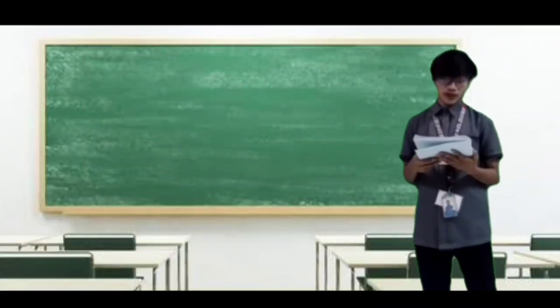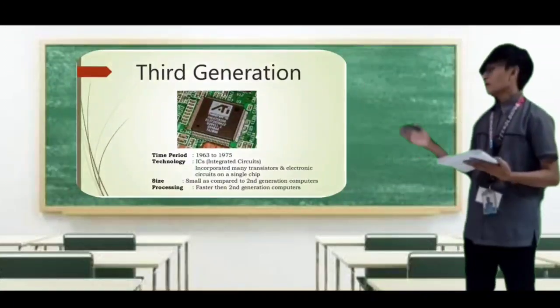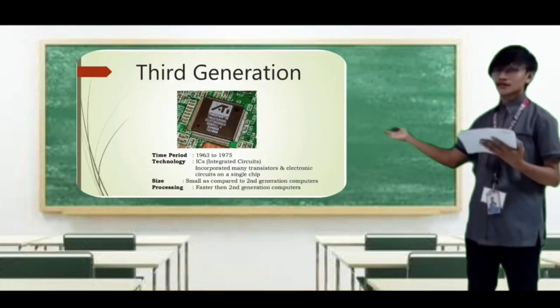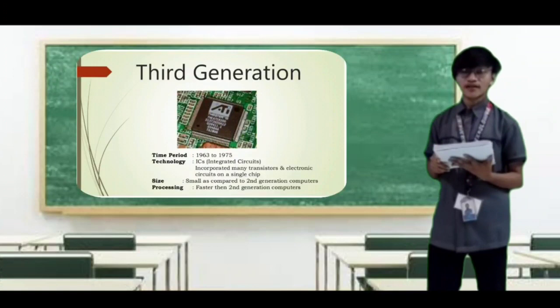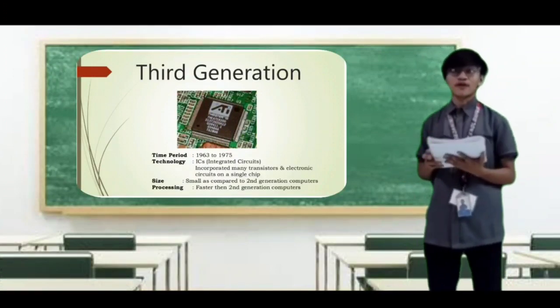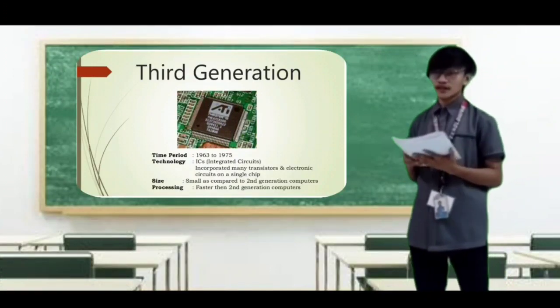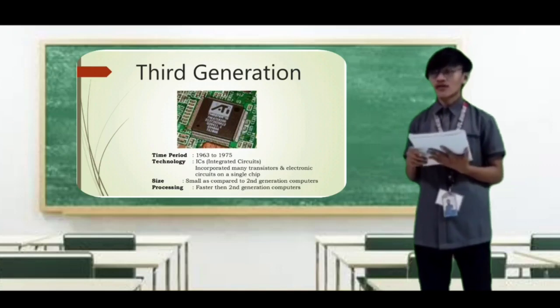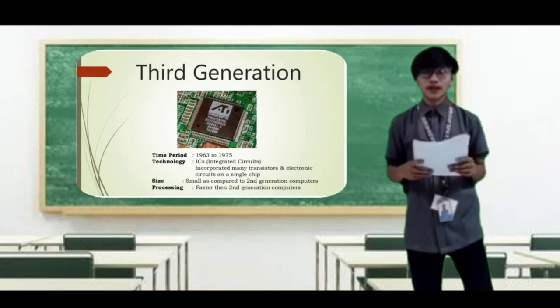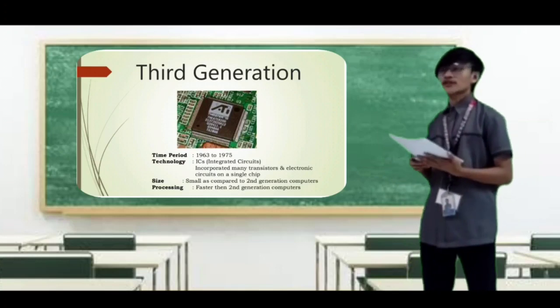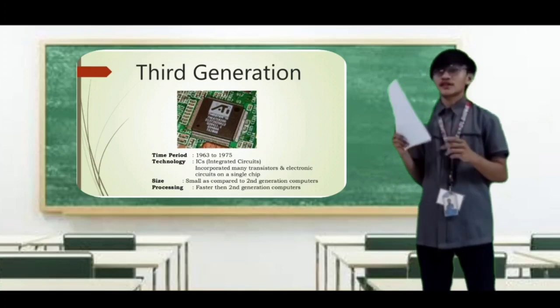We also have the third generation. The time period of the third generation is around 1963 to 1975. The technology is ICs, which stands for integrated circuits, incorporating many transistors and electronic circuits on a single chip.